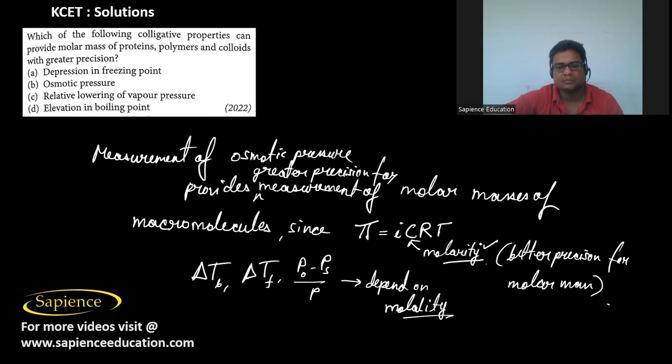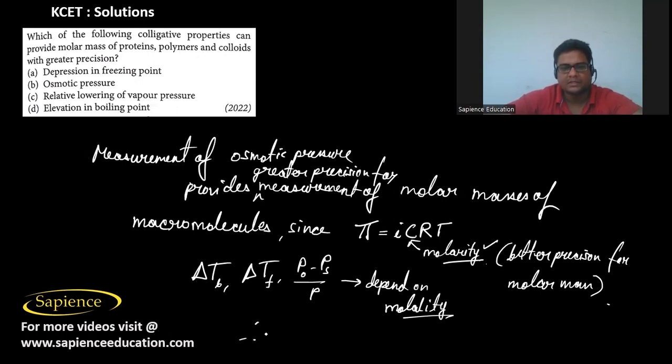So molarity gives a better precision than molality in the determination of the molar mass.